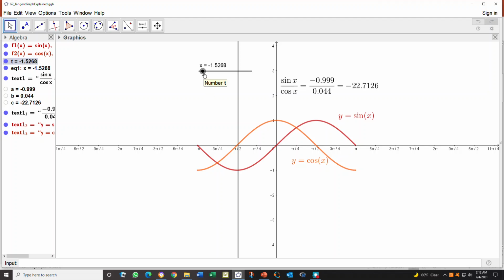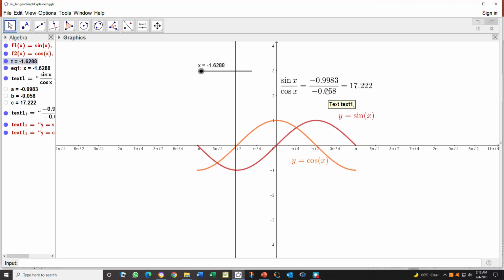Cool. Tangent x slightly to the right of negative pi half is negative infinity, whereas tangent x slightly to the left of negative pi half, because both sine and cosine are going to be negative, their quotient is going to be positive, so it would be approaching positive infinity. Whew. That is the point I'm trying to drive at.